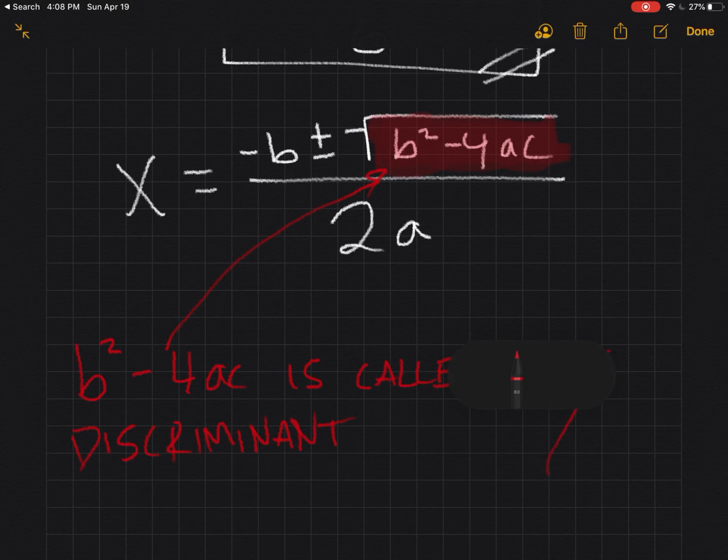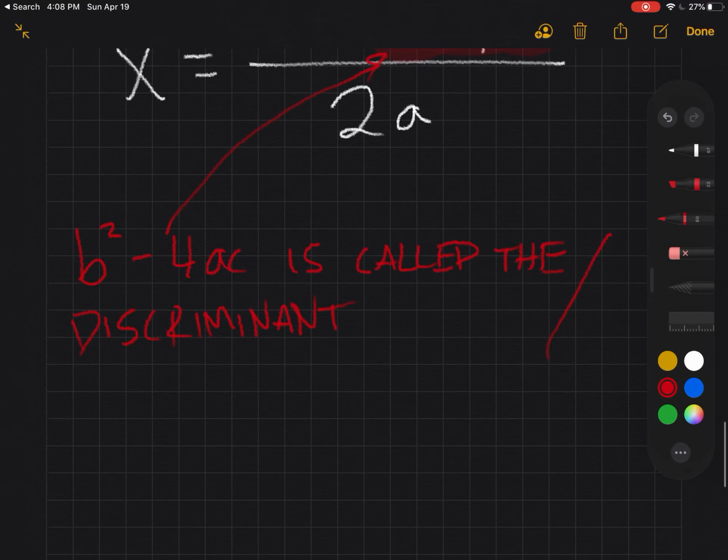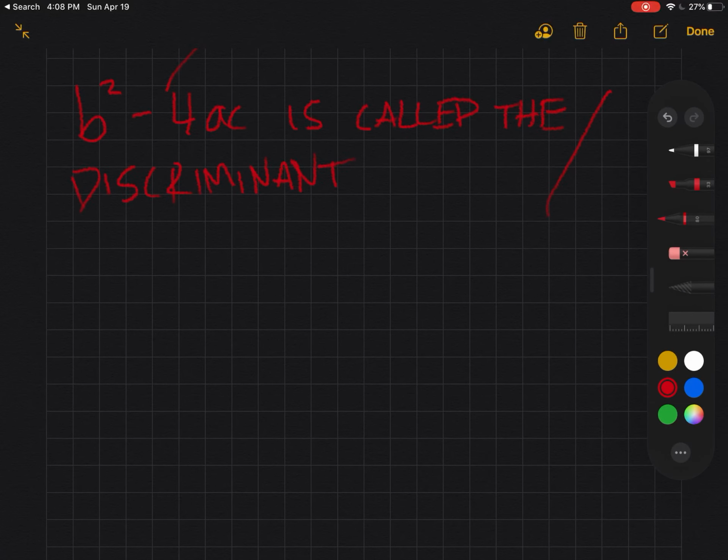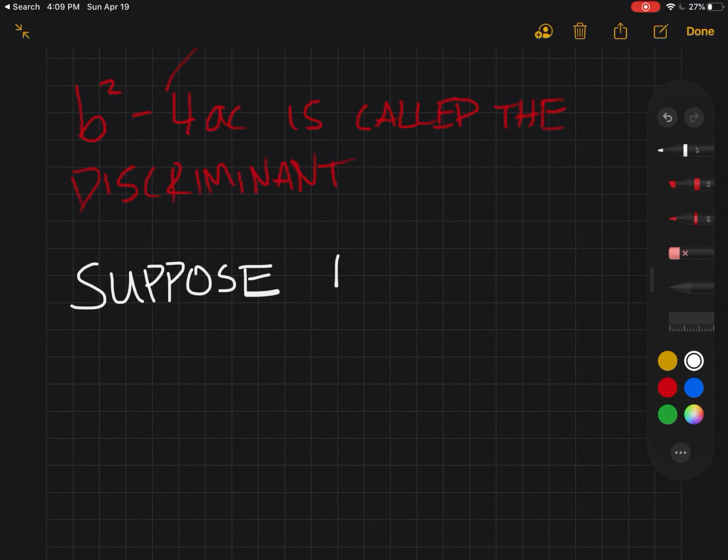So this is called the discriminant. B squared minus 4ac is called the discriminant.